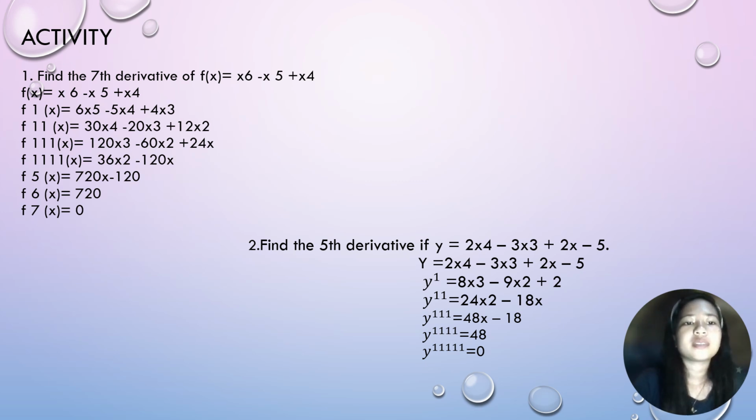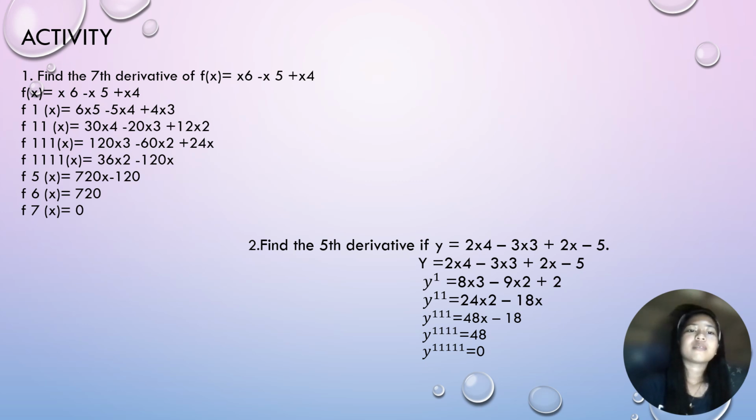The second derivative is 30x^4 minus 20x cubed plus 12x squared. Then the third derivative of this is 120x cubed minus 60x squared plus 24x.